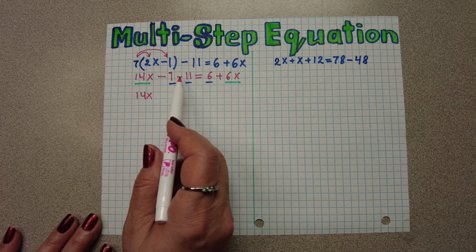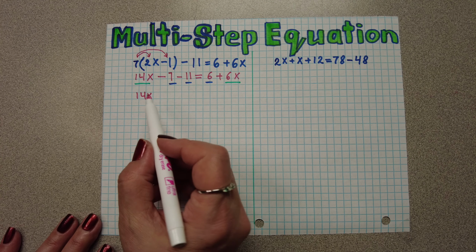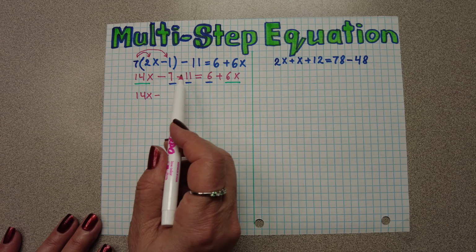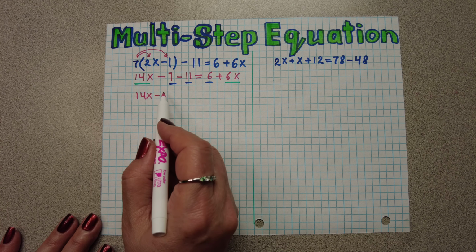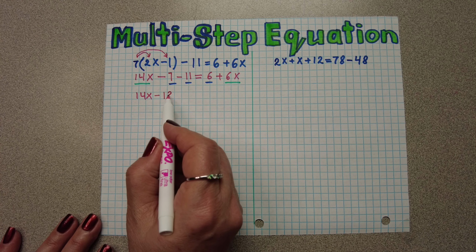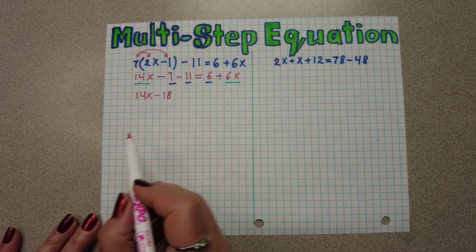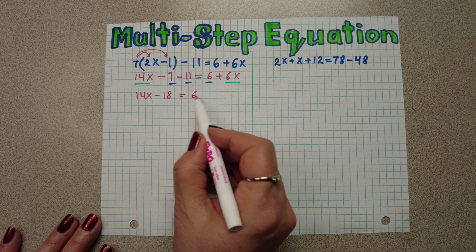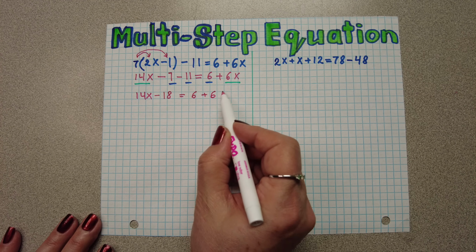Remember, if we have both negatives, we add the numbers, and the answer is always negative. 7 plus 11 equals 18. So we combine our numbers and have 14x minus 18 equals 6 plus 6x.